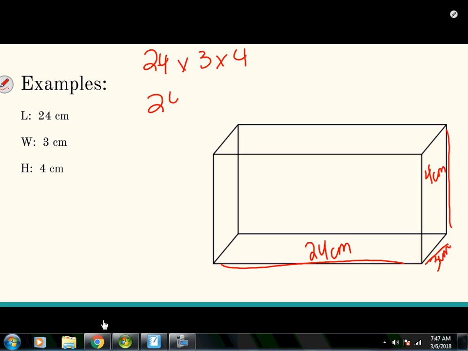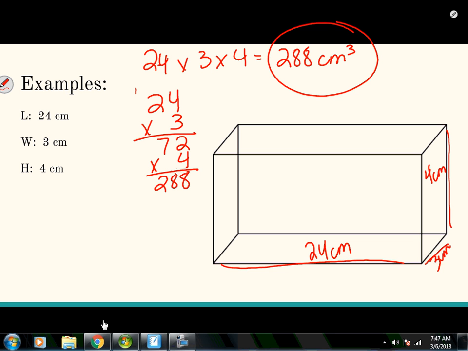I'm going to go ahead and work this one out for you. 24 times 3, 4 times 3 is 12. 3 times 2 is 6, plus 1 is 7. And then times 4. And 7 times 4 is 28. So 288 centimeters cubed. Don't forget, this is how we write volume with cube.